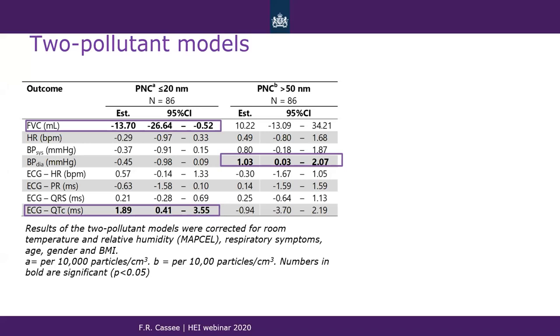This was not seen for blood pressure for particles smaller than 20 nanometers. And I have to mention that aviation has smaller particles than particles that are released from road traffic. The opposite story was seen for particles larger than 50 nanometers, where we saw a relationship with blood pressure, but not with the other indicators here.